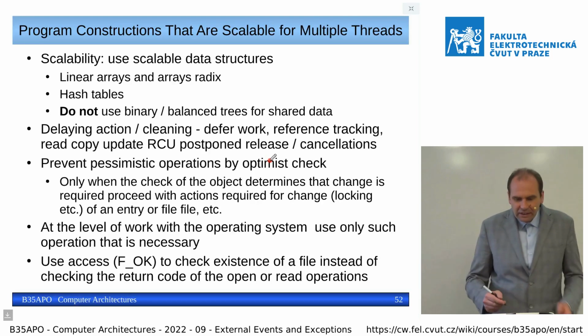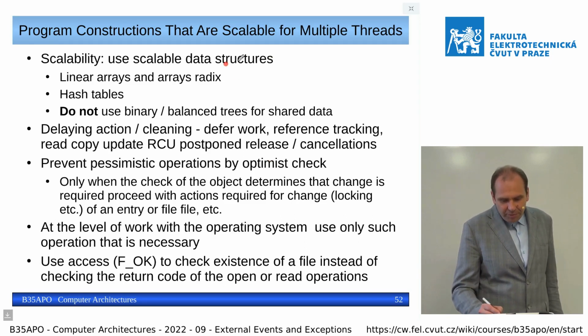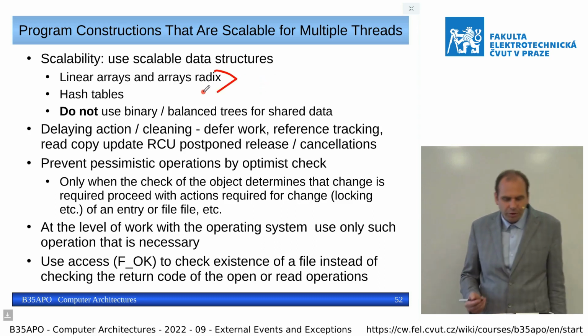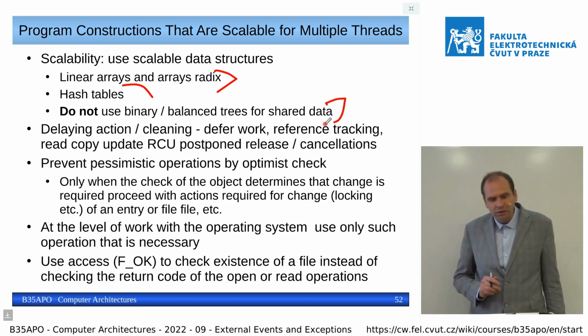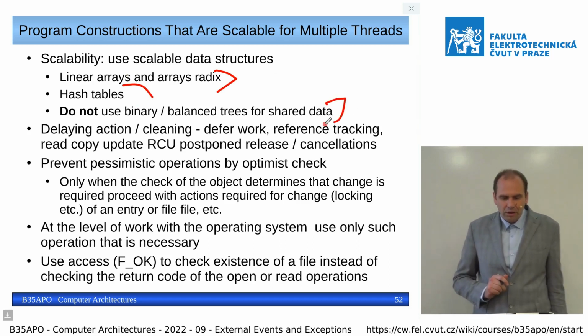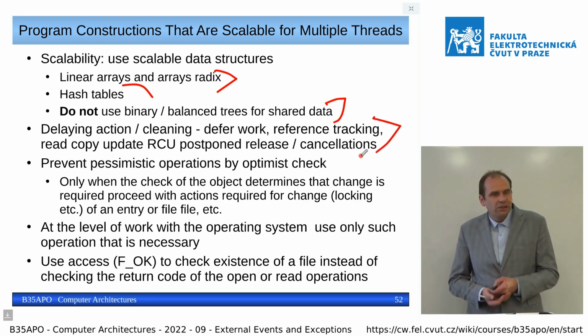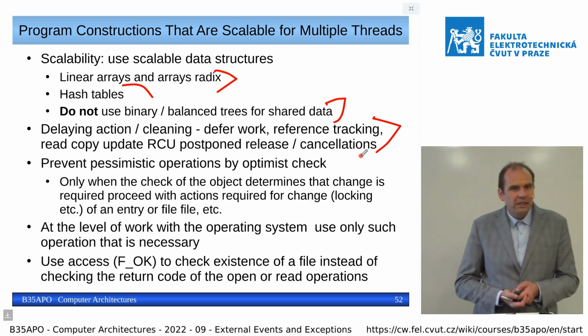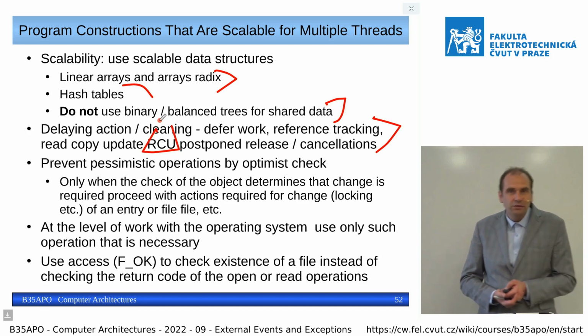So basically, the message is that, for example, use linear arrays, they have no problem. Use hash tables. Binary trees, which I like a lot, have a problem in a multi-threaded application. Use read-copy-update, which is an invention of Paul McKenney from IBM, which is used in the Linux kernel, but it is used even in user space.